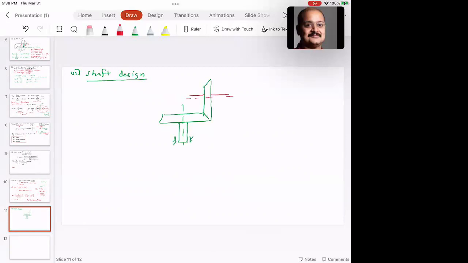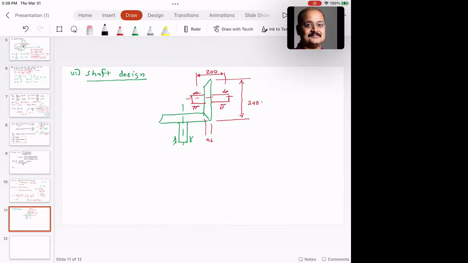We have shaft over here, bearing over here, bearing over here. I'm going to assume this distance to be 200 because this distance is 240. And I think this distance is 96. So I wanted to provide some clearance.